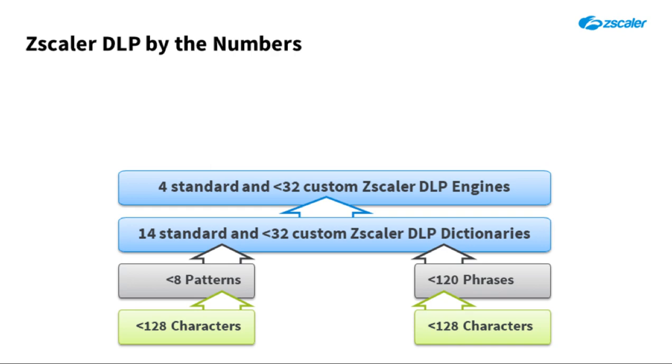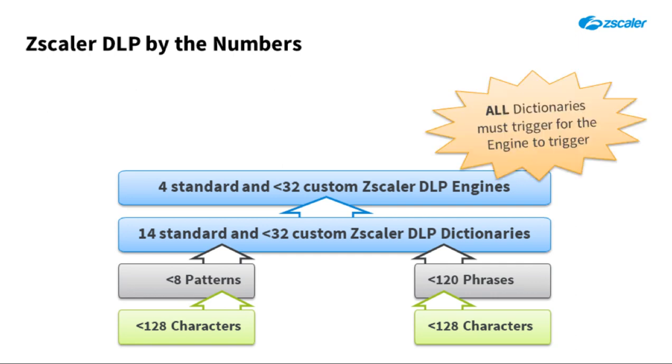We provide 4 standard DLP engines for you: GLBA, HIPAA, offensive language, and PCI, and you may combine any of the DLP dictionaries in up to 32 custom engines. Note that all the dictionaries added to an engine must trigger for the engine itself to trigger.